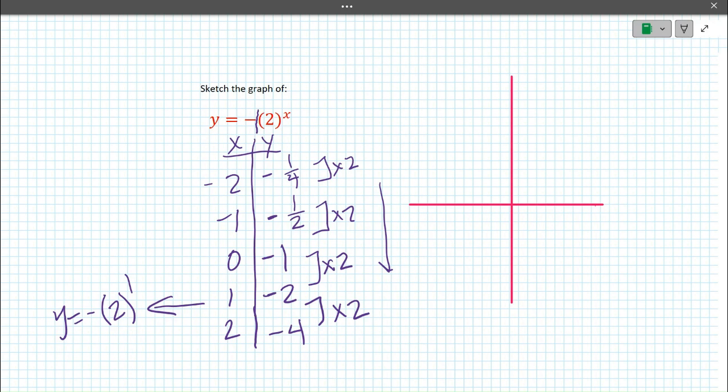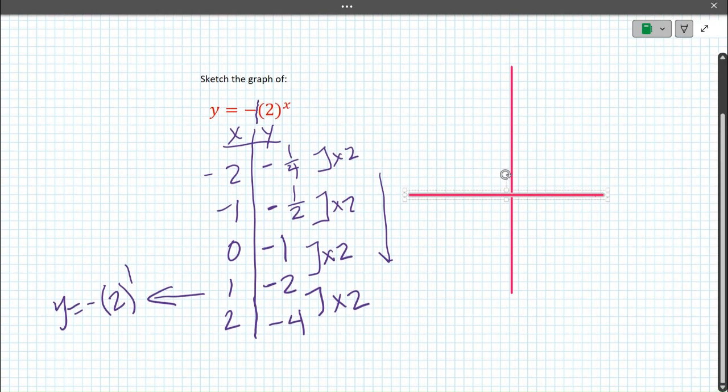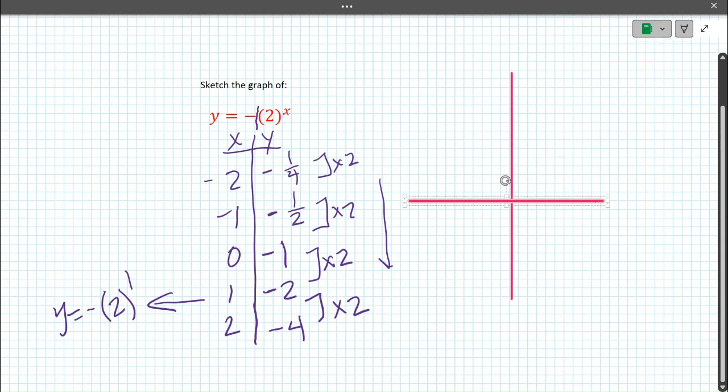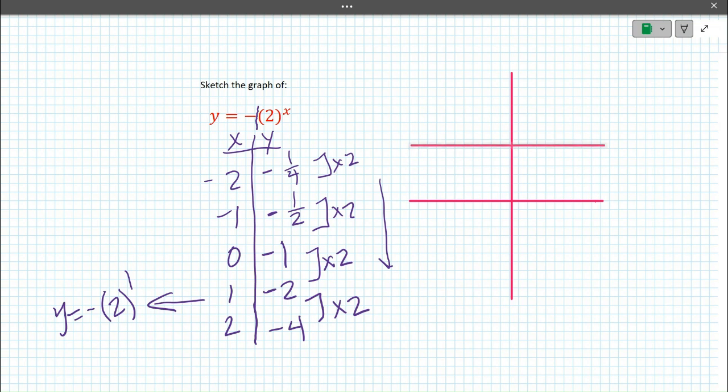So let's go ahead and sketch this graph. So I'm noticing all of my y values are negative. So I'm going to go ahead and actually see if I can move my graph up a little bit. Since this is a negative, I need to go, there we go.